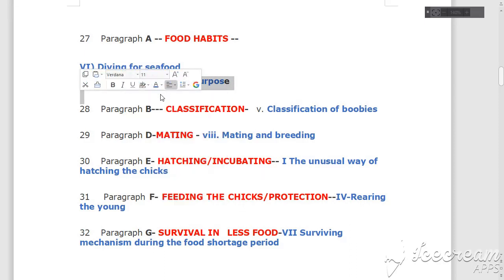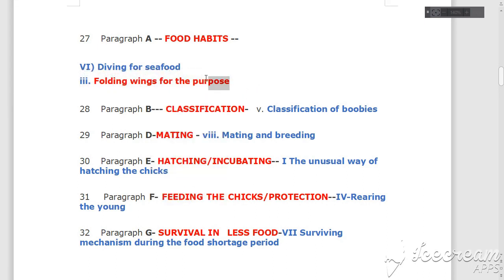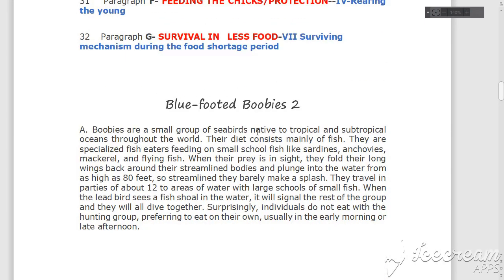Why? Although it's mentioned in the paragraph, its meaning is very small. It does not represent the theme of the whole paragraph. This is only one of the things they do when they dive, when they go for food.